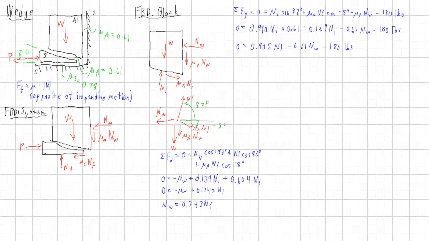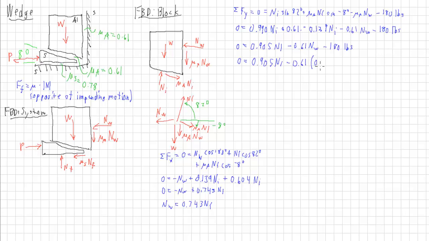Okay, now we can take this and plug it in up here as 0 equals 0.905 Ni minus 0.61 NW, and NW down here is 0.743 Ni.